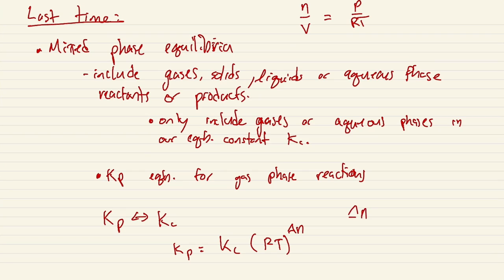Yep, the change in moles. So it was a sum, that's our fancy symbol for a sum of the moles of products minus the sum of the number of moles of reactants. And this is only for gaseous molecules, or gas phase. So that's where we ended off last time.